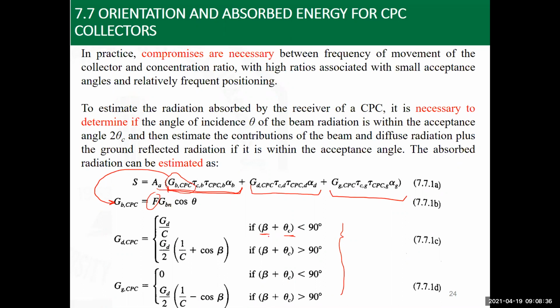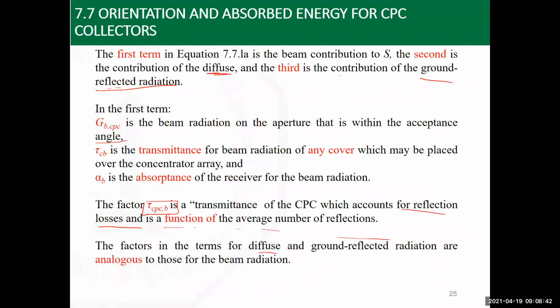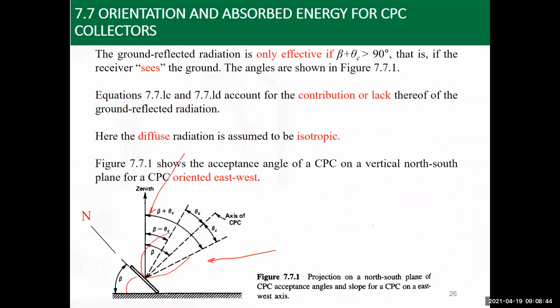concentrated, or it's outside the collector right away, so nothing is reaching the collector and F is equal to 0. So this is actually limited to be within this range of the angle here, 2 theta c.